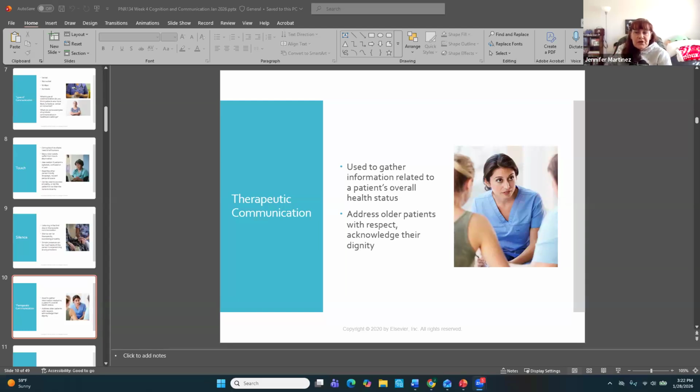So we have that therapeutic communication. I know you've probably heard this term before, but therapeutic communication, right? That's part of building that therapeutic relationship with our clients. It's used to gather information about their health status.